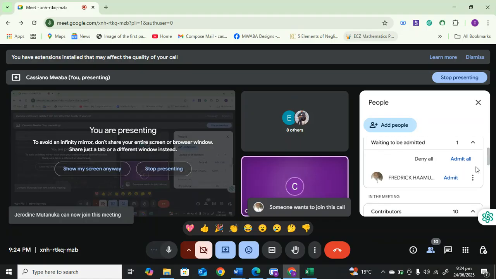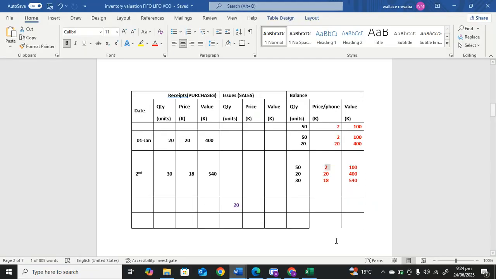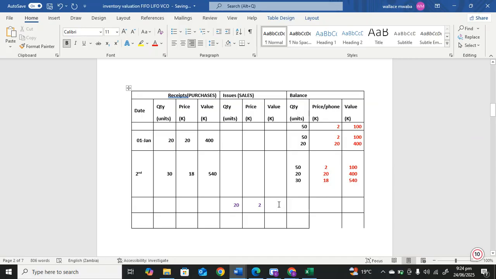So in this case, our opening inventory was there first. Whenever we issue, we're going to remove from the top batch, and we'll value that inventory at the cost of the top batch, which is 2 kwacha. So 20 times 2, that gives us 40.